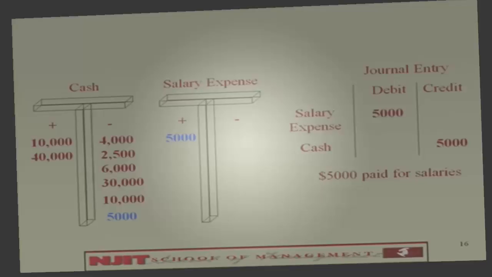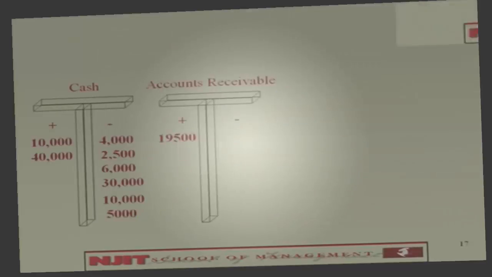So the two accounts that will be impacted are cash and accounts receivable. Did the company get money? Sure. They got $10,000. So cash would be plus 10,000.